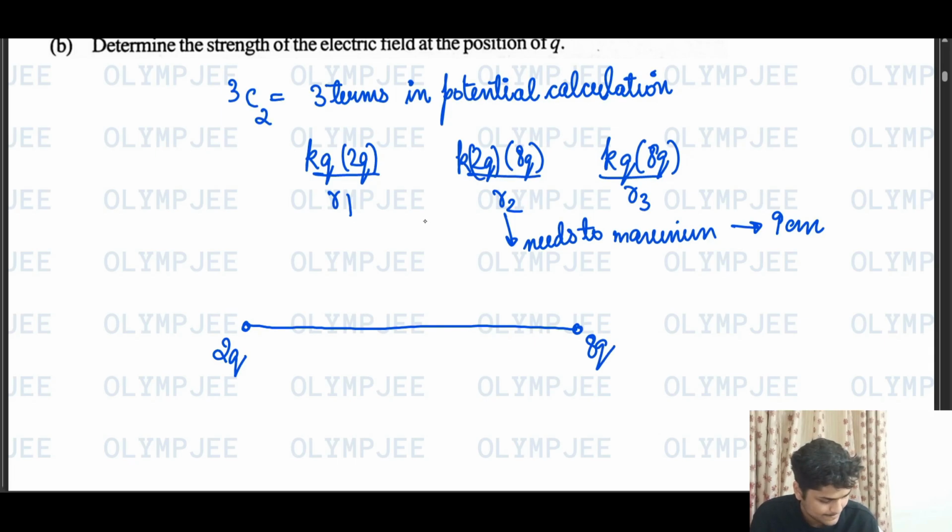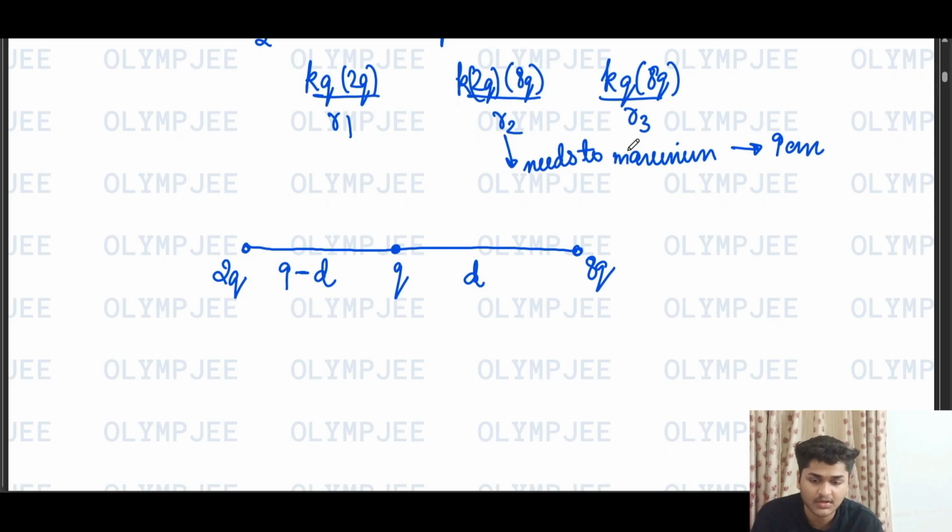So R3 needs to be maximum, right? So Q needs to be here somewhere, and this will be the maximum distance. So if this is D, then this will be 9 minus D. So I need to make the potential minimum now, right?